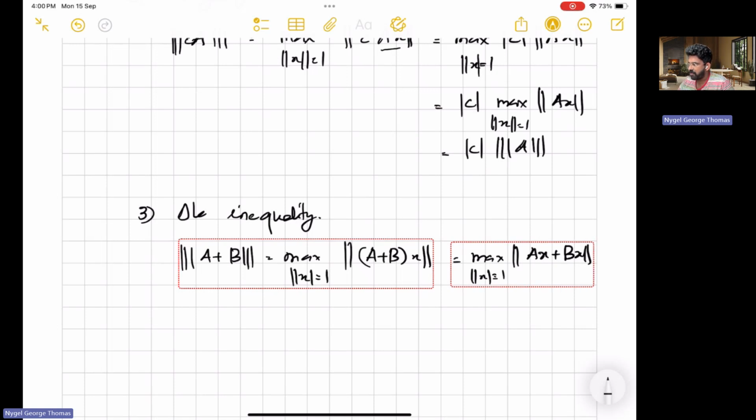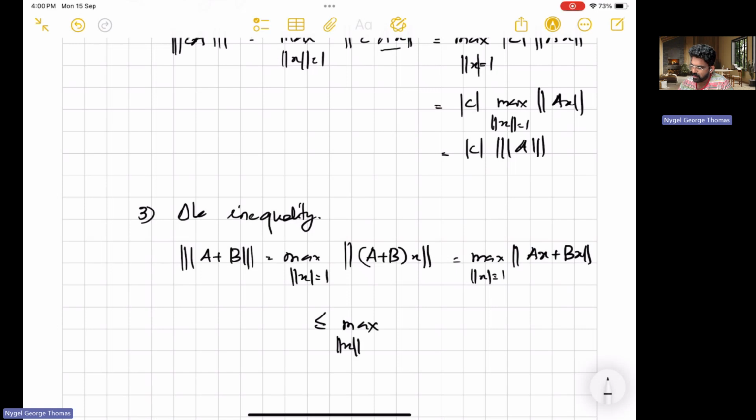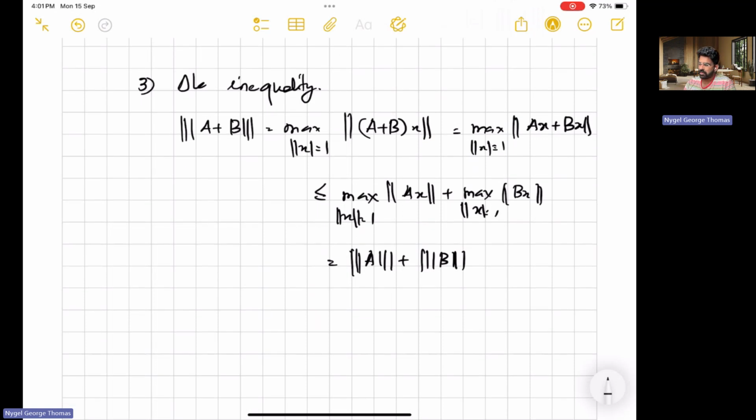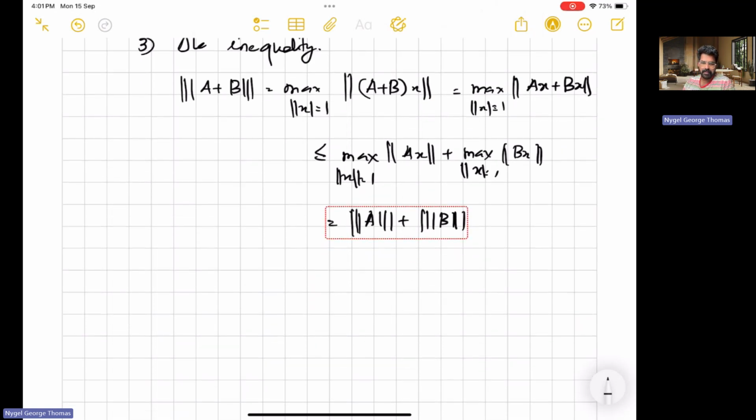The max of a sum of quantities is always upper bounded by the sum of the individual maximums. So you can write it as the max of the norm of AX plus the max of the norm of BX, which is the matrix norm of A plus the matrix norm of B. So this is also easily provable.